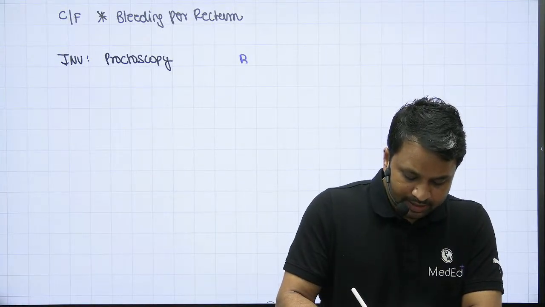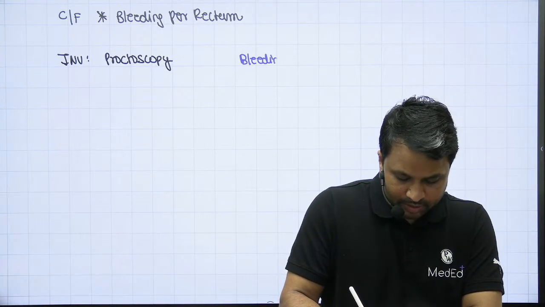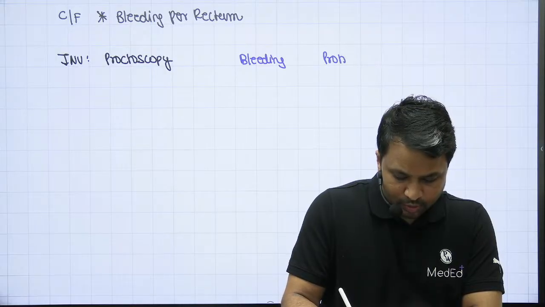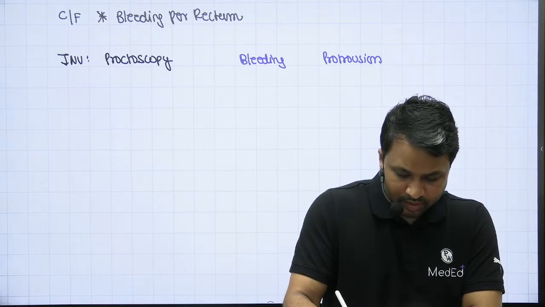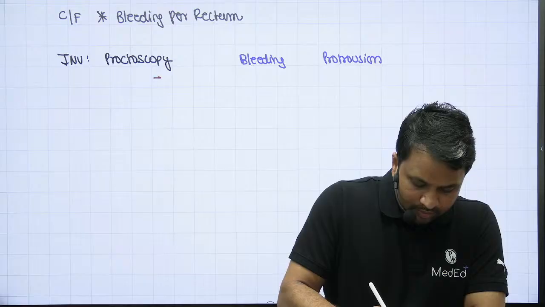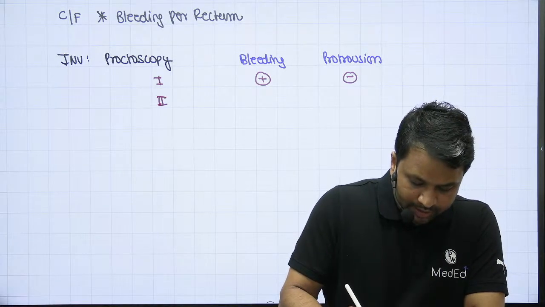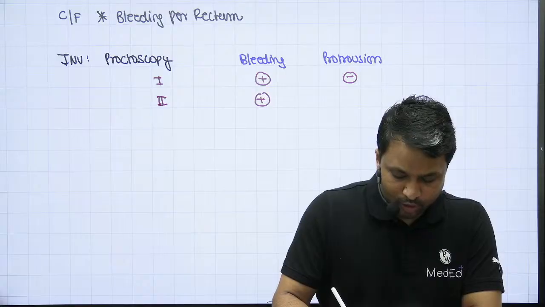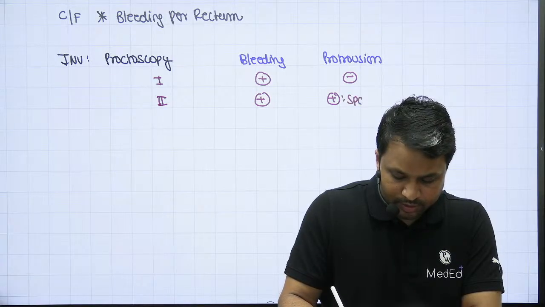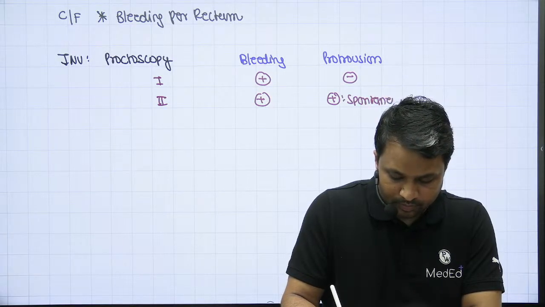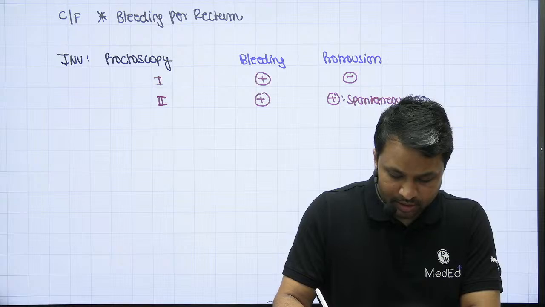The grading is done on the basis of two things: number one is bleeding, number two is protrusion of the hemorrhoid. In grade 1, bleeding is present, there is no protrusion. In grade 2, there is bleeding, and the protrusion is present, but it spontaneously reduces.